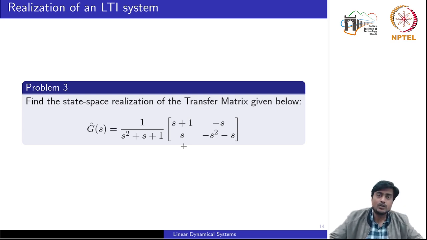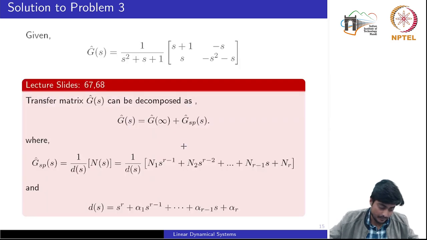We'll see how you can obtain that specific representation, but at the same time we should not forget that the transfer function is a unique representation, but the state space representation is not unique. So we will obtain one specific representation. Otherwise there exists an infinite number of representations.